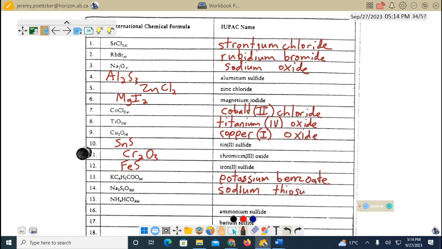Thiosulfate. I'm going to write it the right way. Got it. And then we've got ammonium hydrogen carbonate. And here we have NH4 in brackets twice S.